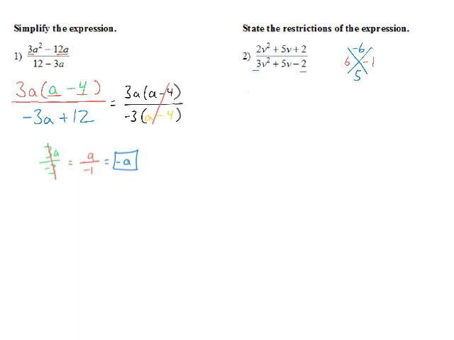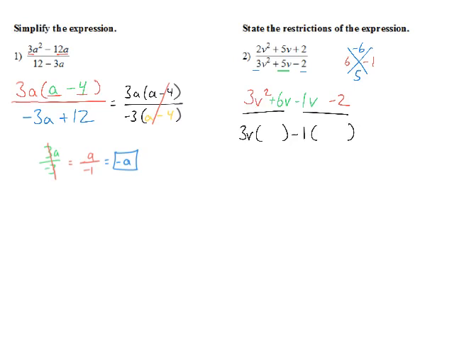Now, what I'm going to do, I'm going to focus on the 3v squared and the minus 2 in the back. But in between, I'm going to change this 5v into a positive 6v minus 1v. All right. Now, from there, I'm going to use grouping to factor it. So I'm going to do the two groups, and I'll pull a GCF out of the first group, which is 3v, and I'll pull a GCF out of the second group, which is negative 1.